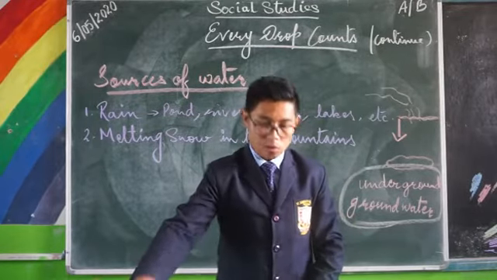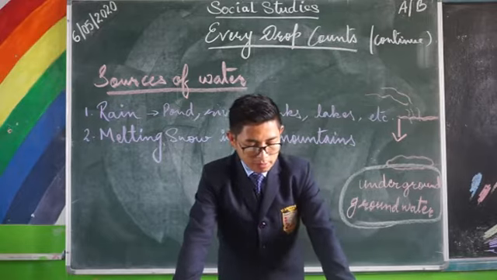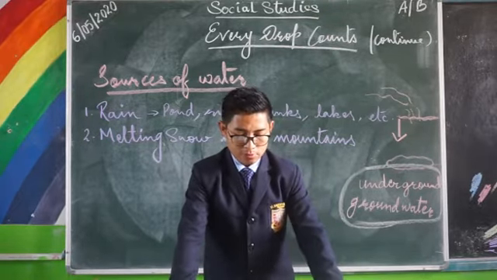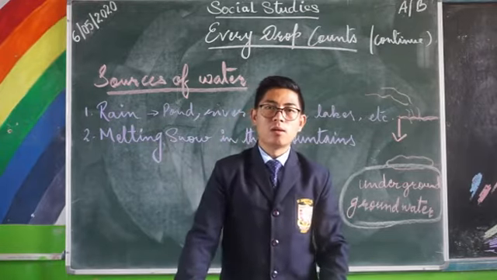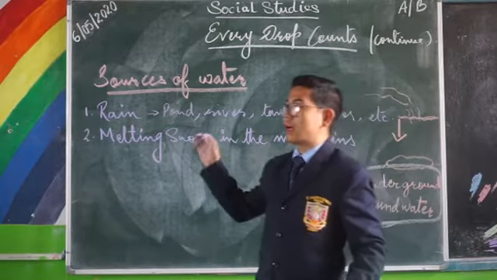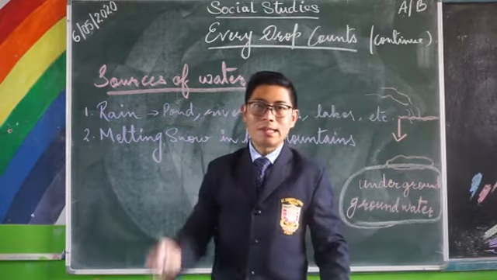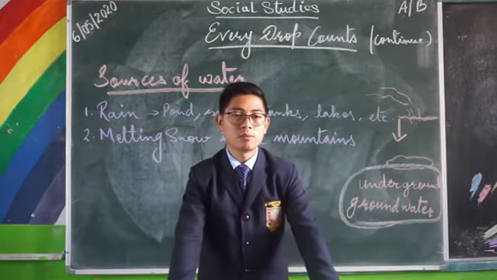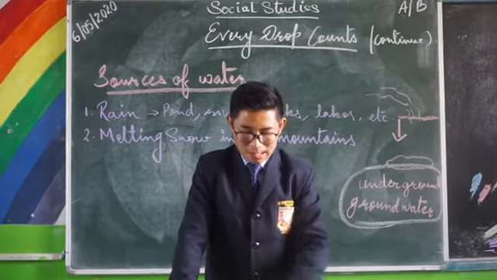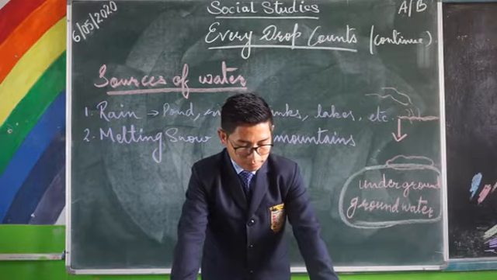Even river water is not safe to drink, because as we have already learned, people throw garbage and waste products in the rivers. So it's not possible to use this water for our daily purpose.